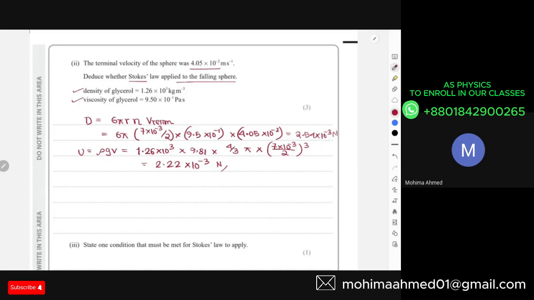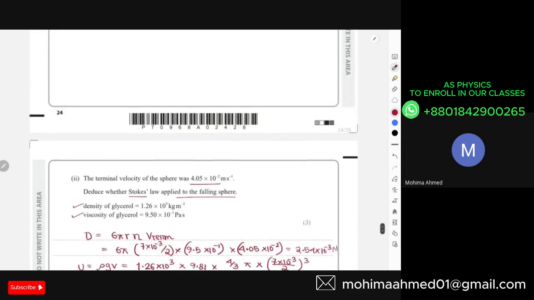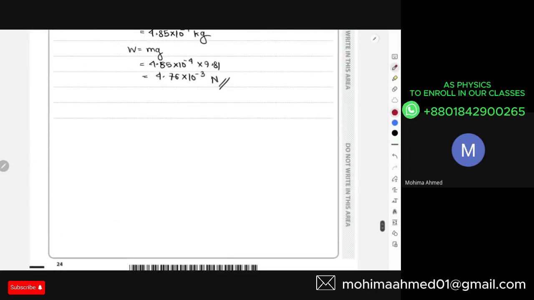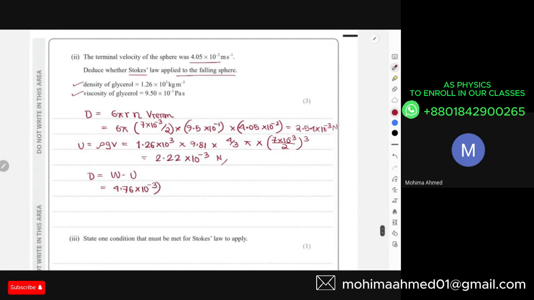So in this case, if you want to find out whether it follows Stokes' law, in Stokes' law what was the case? Drag was supposed to be weight minus upthrust, right? The weight we got as 4.76 into 10 to the power of minus 3. You have to subtract 2.22 into 10 to the power of minus 3 from this.